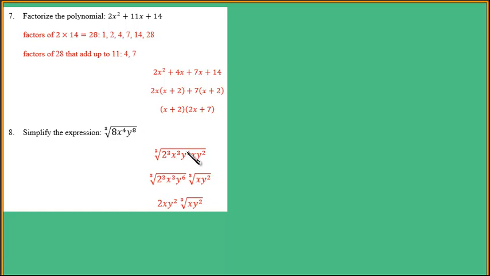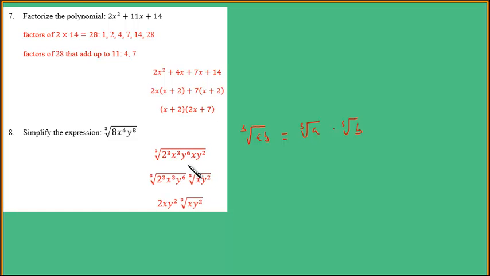But remember, we can't change what we have. We're just transforming it. So here we have x cubed times x. That's still x to the 4th. y to the 6 times y squared. That's still y to the 8th power. And of course, then we know that the third root of, let's say, ab is equal to the third root of a times the third root of b.